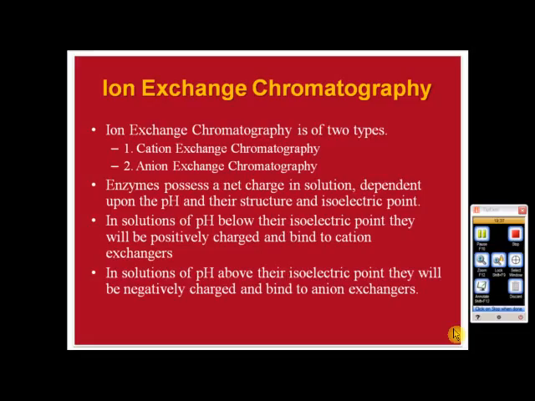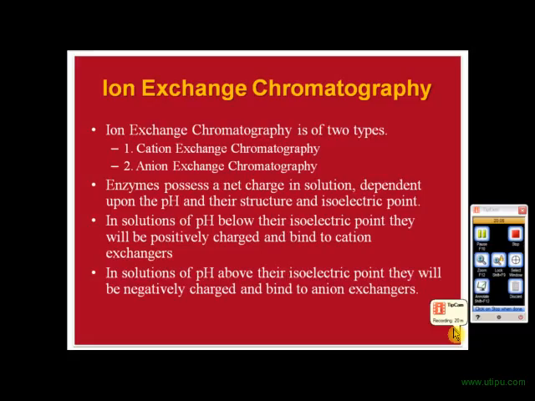Suppose the enzyme comes at 5 millimolar; instead of going with 10 millimolar or 1 millimolar, you can directly go to 5 millimolar and collect the fractions. That is standardization. Initially you have to collect all the fractions and determine which fraction is having activity. Once you determine that, it's over.